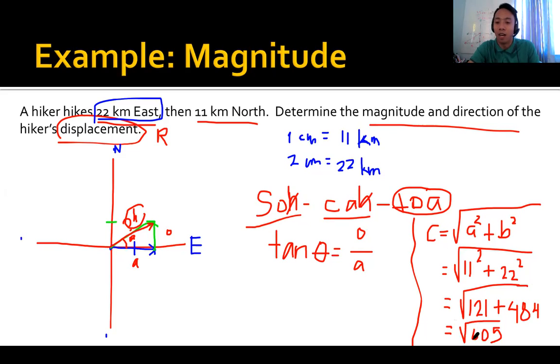Now, the only tool that we will use for this one is the scientific calculator. Okay? So what will be the square root of 605? Of course, I will use my phone. Square root of 605. Teka lang ha. Kasi para lumabas yung mga ibang options. Yan.